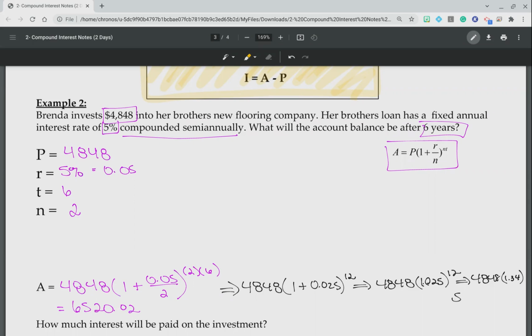There we go. Then I got my $6,520.02. Okay, so if you have a graphing calculator, you can ignore all that writing in the black. You can just look at the pink part. But if you don't have a graphing calculator, it's just going to take a little bit longer, because you're going to have to do order of operations and all that kind of stuff.